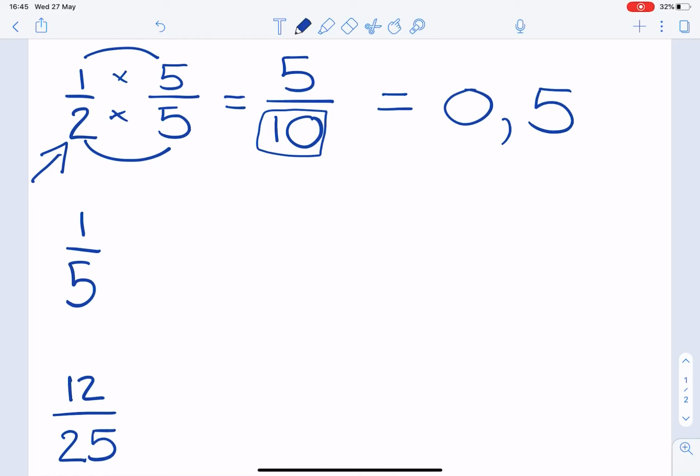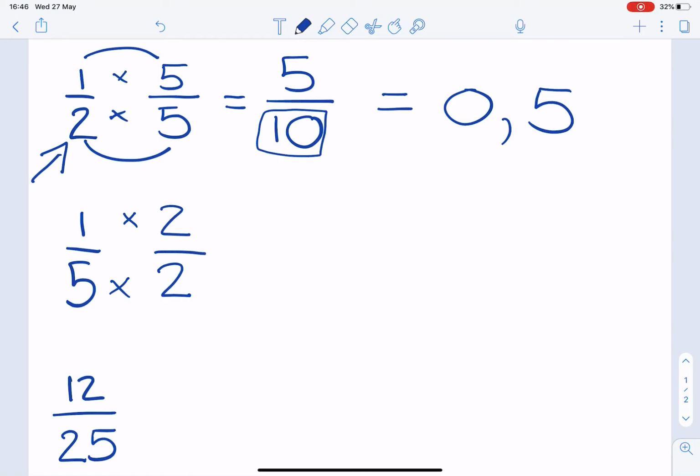Let's look at the next one. 1/5 as a decimal fraction. We need to have either 10 or 100 as the denominator. So what do we multiply 5 by to make 10? We multiply it by 2. And what we do to the bottom, we must do to the top.